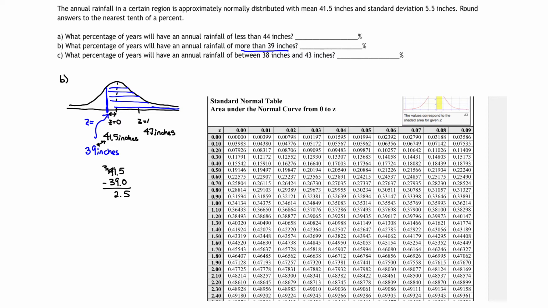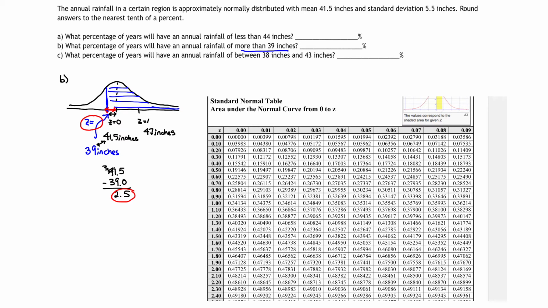That's enough information to go ahead and solve first for z. Just like we did for part A, we are going to set up a little proportionality. I am going to correspond z equals something to this distance of 2.5 inches. Why do I say that?